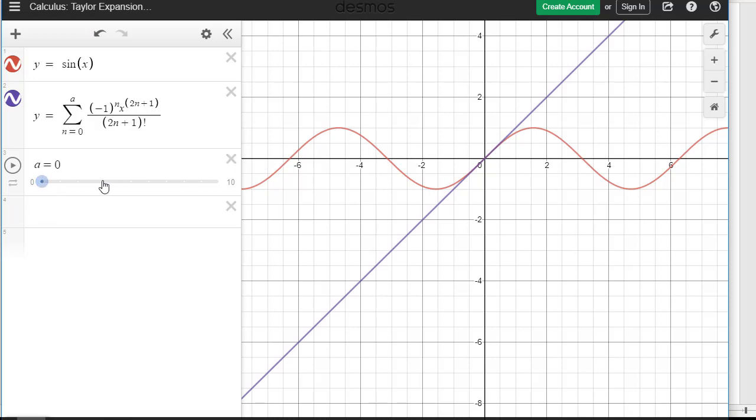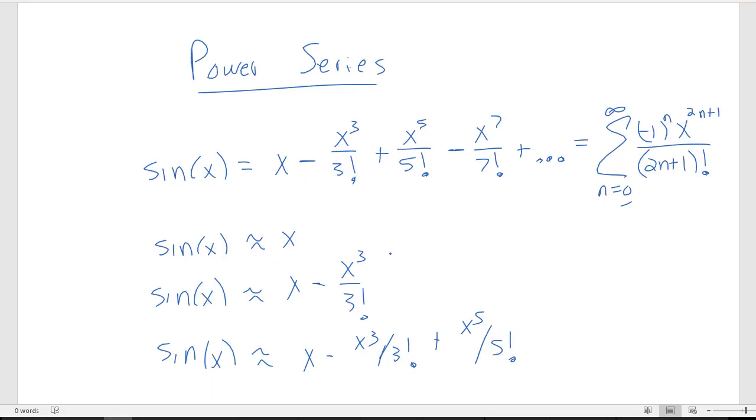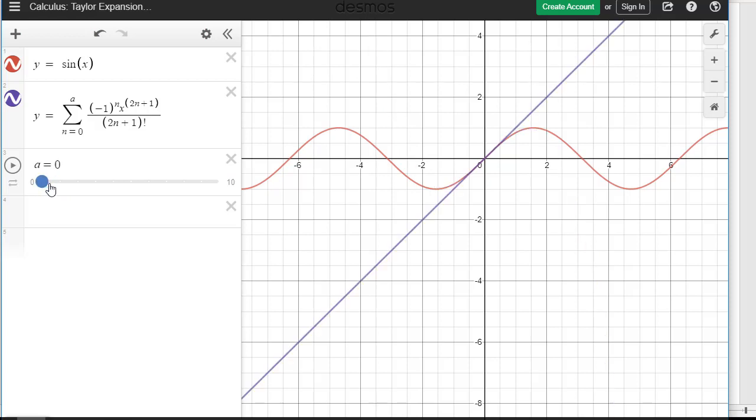All right, now if I add the next term in my series, let's go out to n equals 1. So I now have the third degree polynomial. Here, when n is 1, I have x minus x cubed over 3 factorial. If I come back to that graph, here's that cubic polynomial estimating the sine curve. Now what we can notice is that the interval where this polynomial approximates the function spreads a little further.